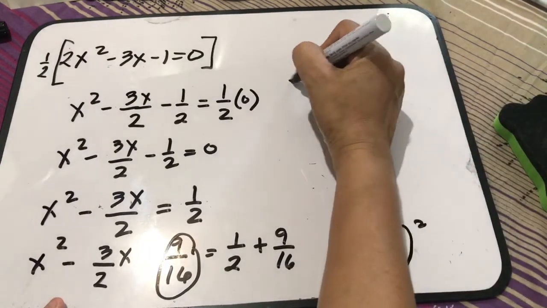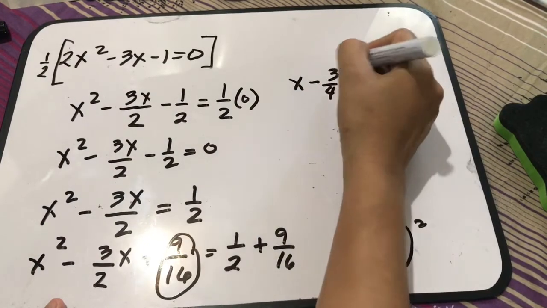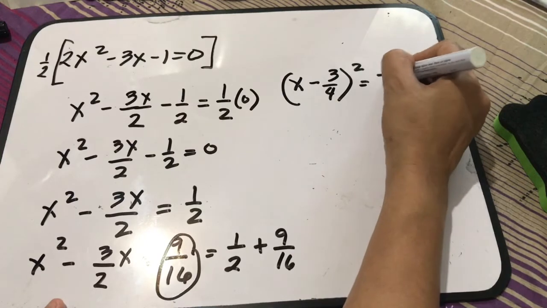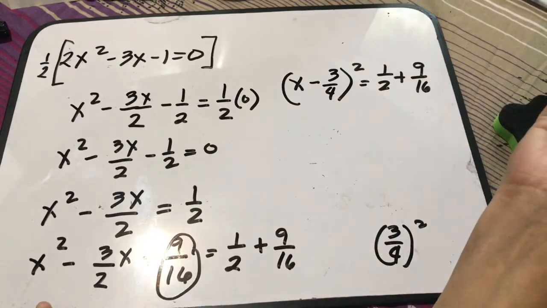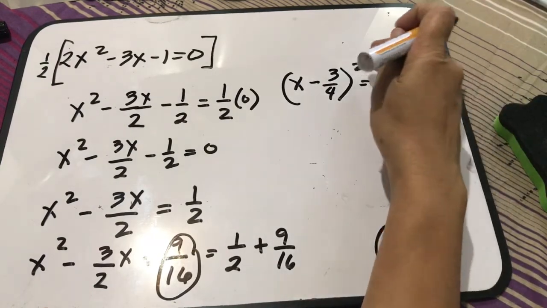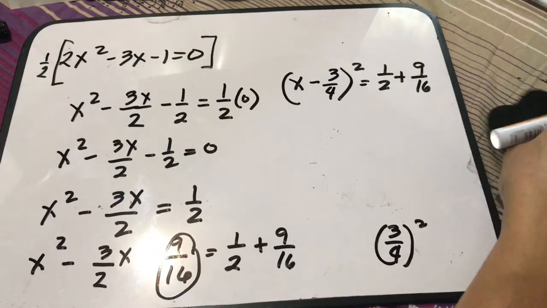So, we will have x minus 3 over 4 quantity squared is equal to 1/2 plus 9 over 16. Again, we will simplify 1/2 plus 9 over 16.